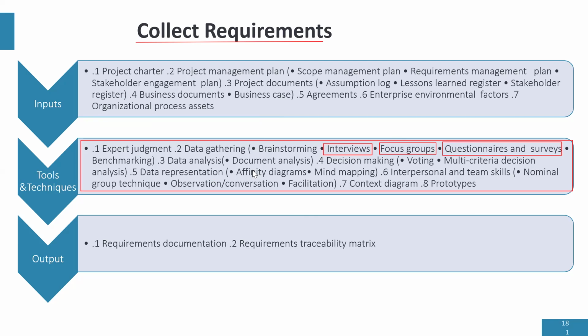Remember what we said at the beginning of this class, that this is not a prescription but a guide. It's a guide because when you are collecting requirements on a project, you don't have to use all the tools and techniques. Look at it this way. You go to a 5-star restaurant and you want to have dinner. On your left, you have 3 types of forks.